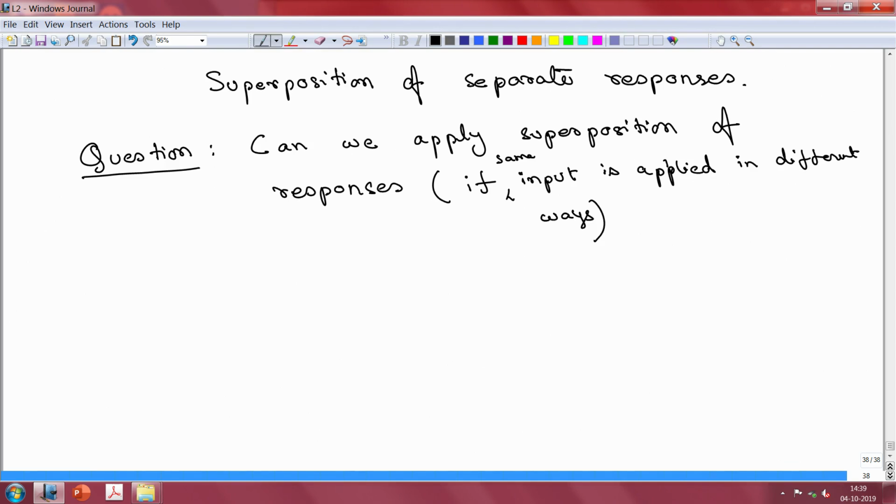Right. So what do we mean by that? Let us illustrate this with an example.